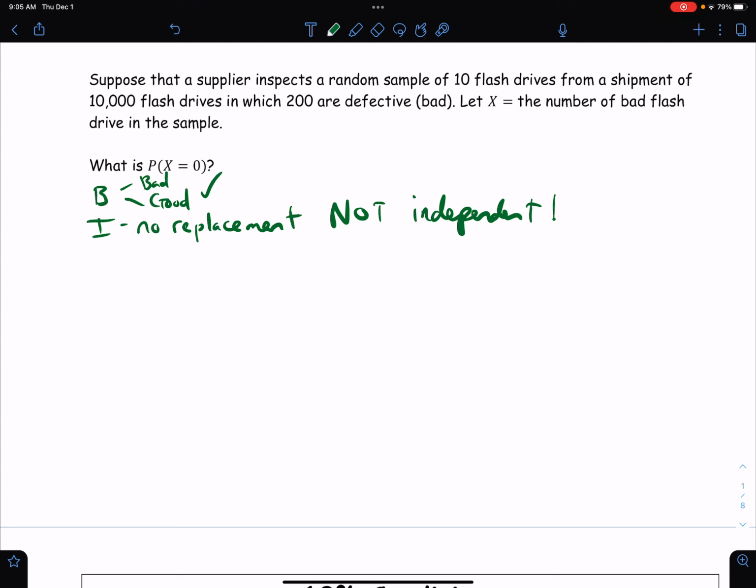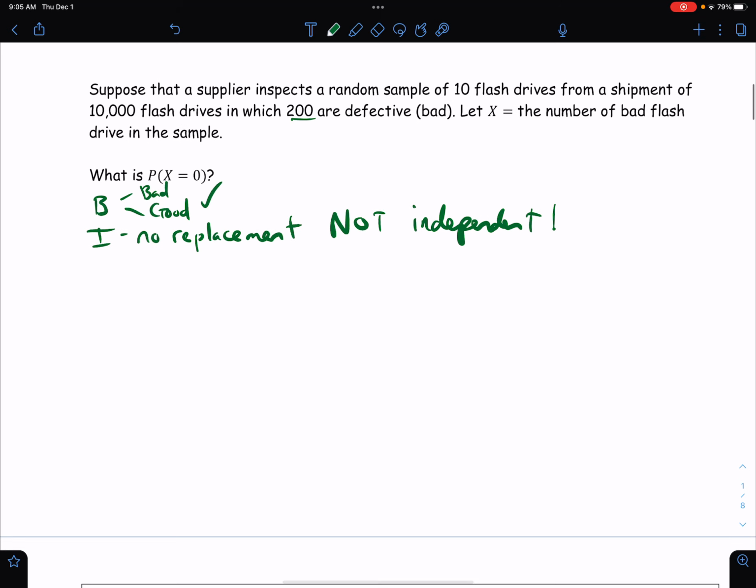So what is the probability of picking a defective flash drive? So if 200 are defective, we have 10,000. So our first one would be 200 out of 10,000. That would be 0.02. So how about picking a second defective flash drive? So we're not putting that flash drive back in the mix.